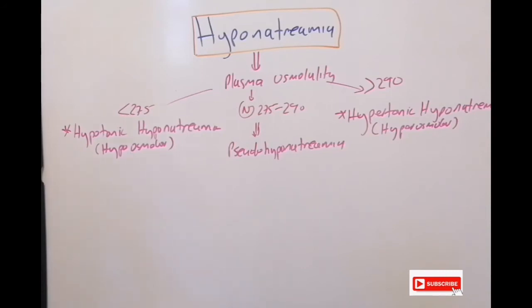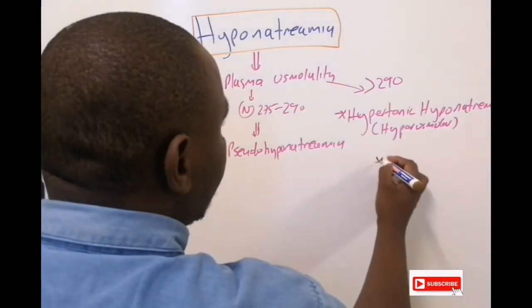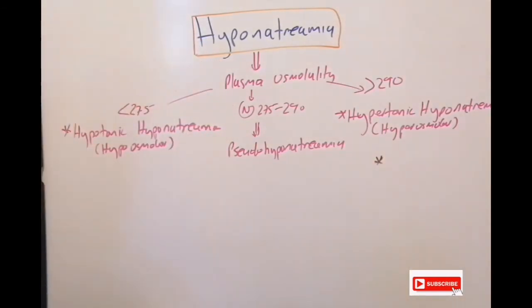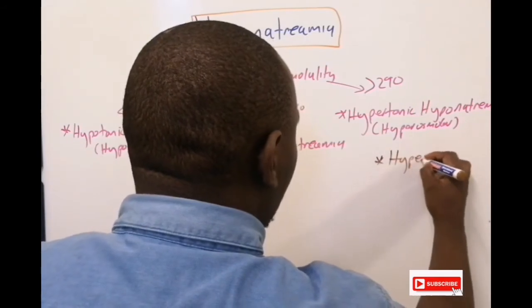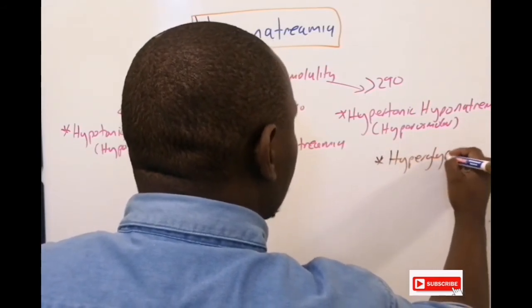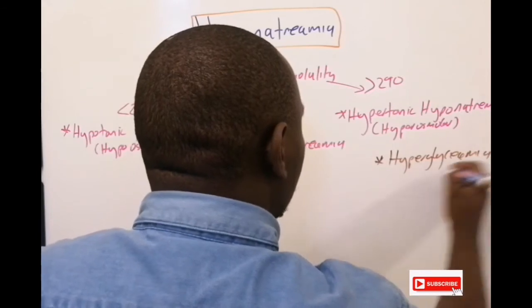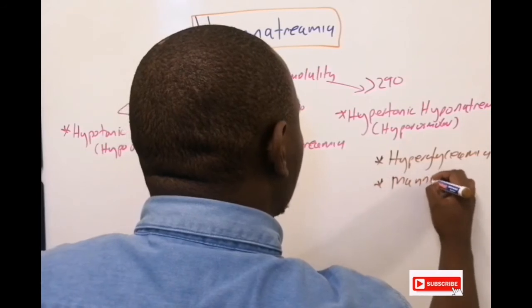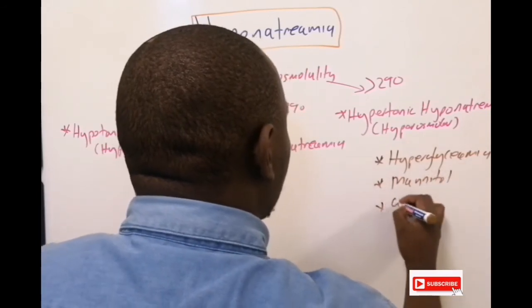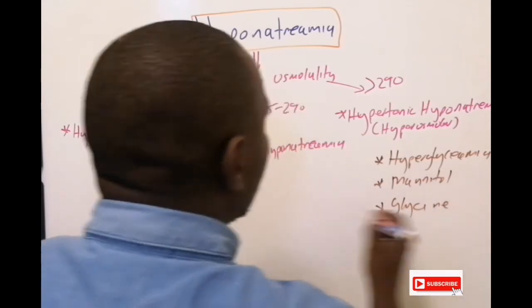In the video that I uploaded, part one of this hyponatremia, clinical approach to a patient with hyponatremia, I explain that when you've got hypertonic hyponatremia, your differentials are things like hyperglycemia, mannitol, which is a diuretic, and glycine.